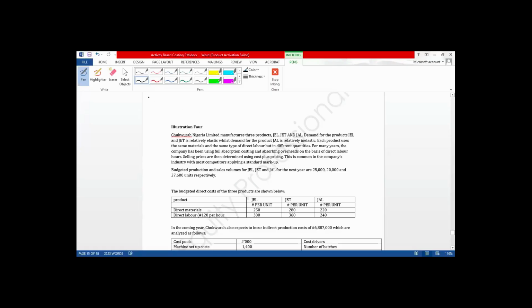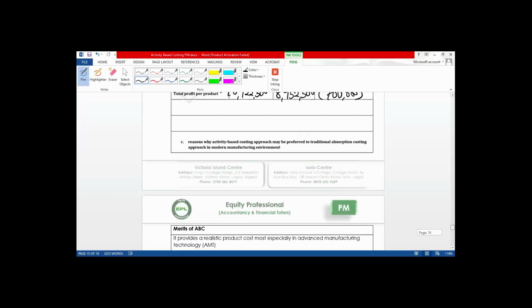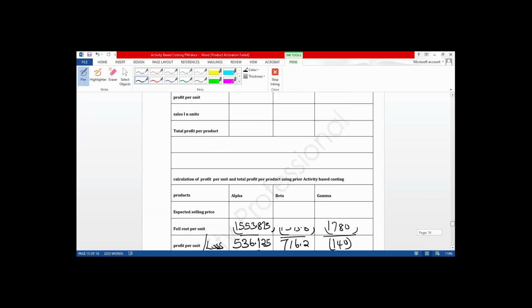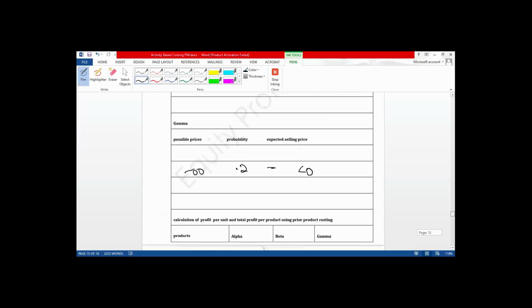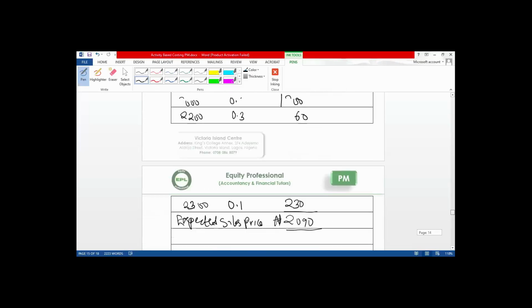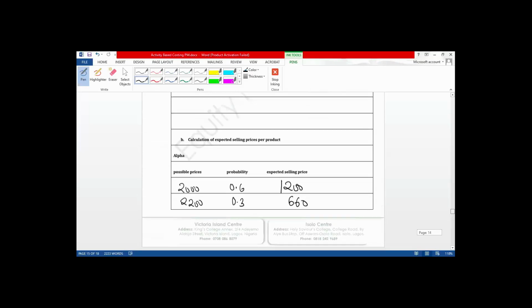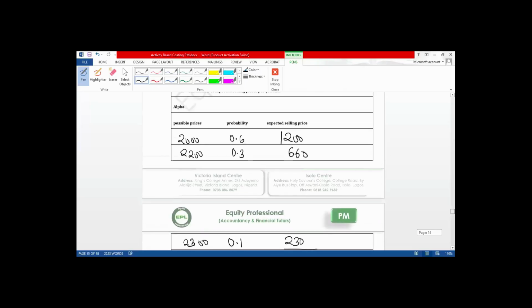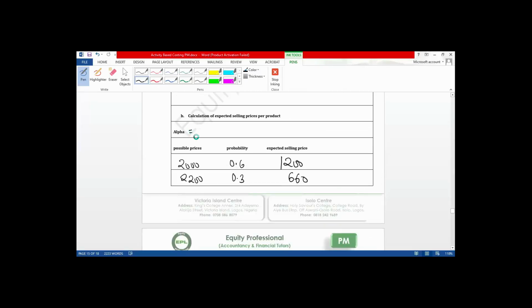For alpha, for example, it is not a must to use table. I only use table to enhance my computation. You can calculate it straight. Look at alpha, expected price. I'll just do like this.